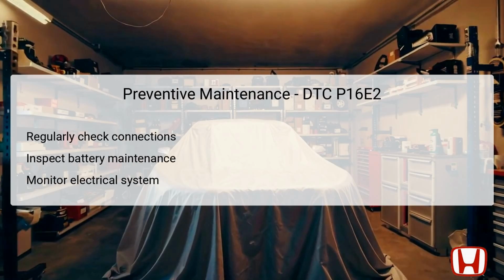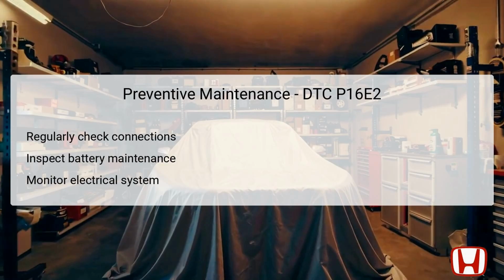Preventive maintenance can significantly reduce the chances of encountering issues like DTC P16E2 in the future. Regularly checking the connections at the alternator and ensuring the integrity of the terminals can prevent communication faults. Additionally, routine inspections of the 12-volt battery and its associated sensors will help maintain optimal performance.